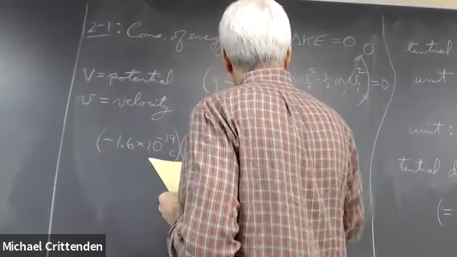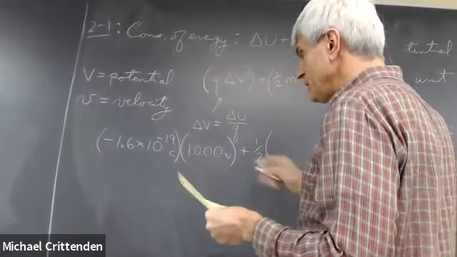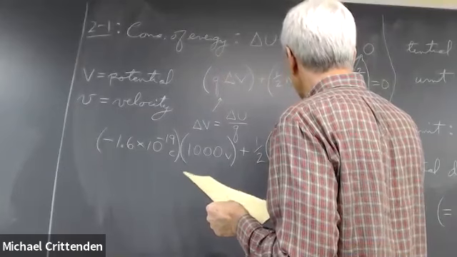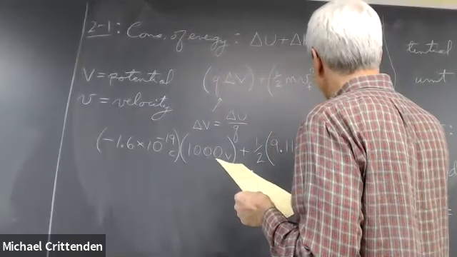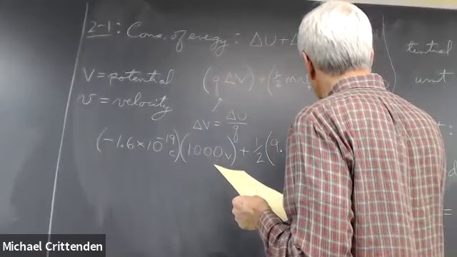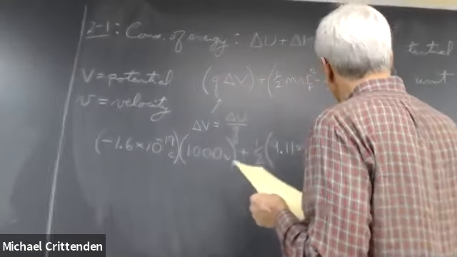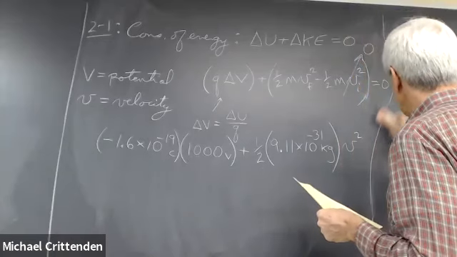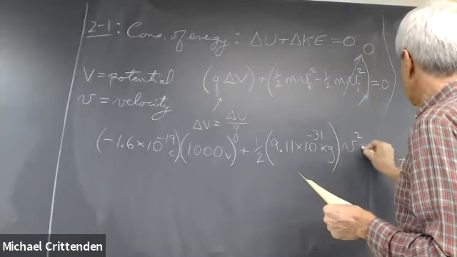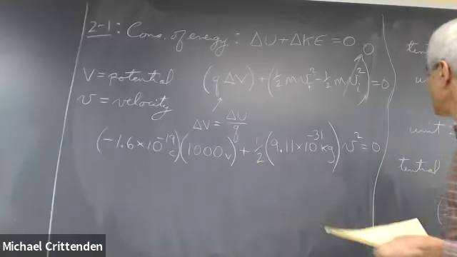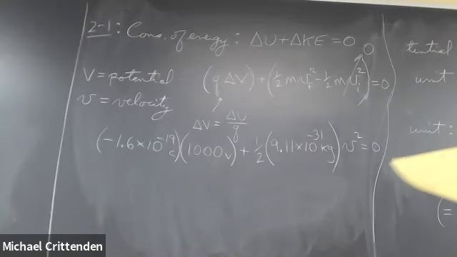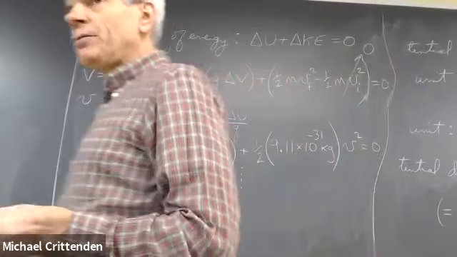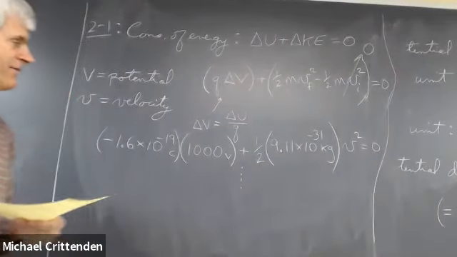The mass of an electron comes from the same table where I got the charge. Final velocity is my unknown. Well, maybe I can skip writing down a line or two of fairly obvious math.